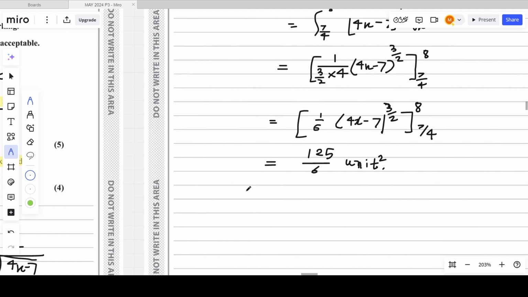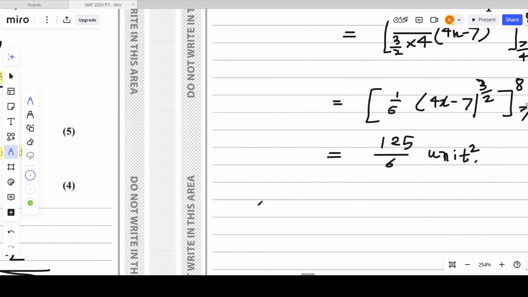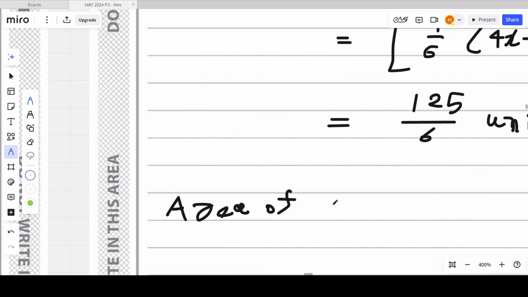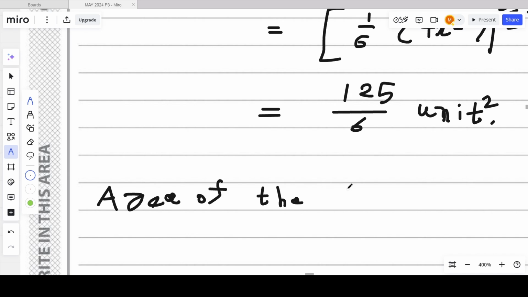Now our next process is to find out the area of the triangle. So what would be the area of the triangle?